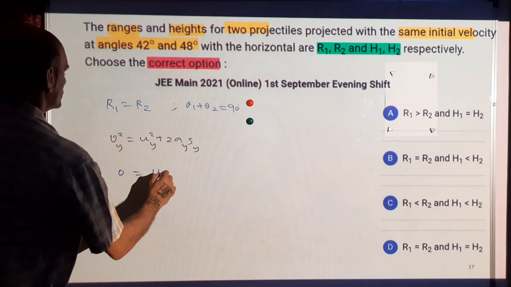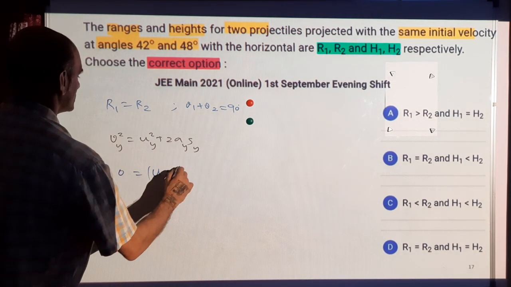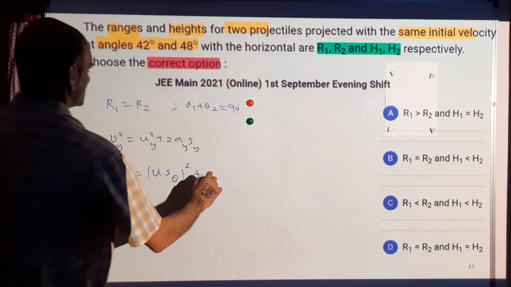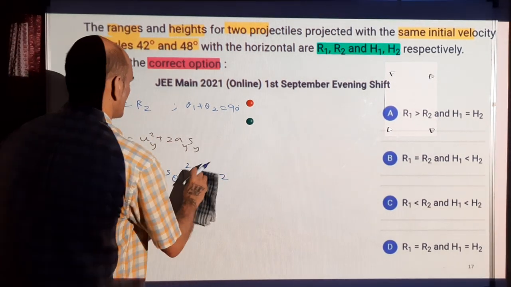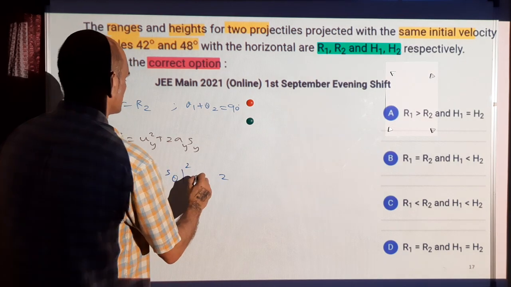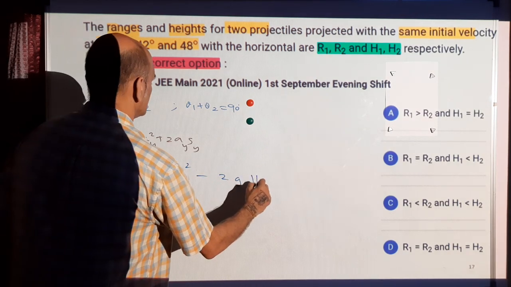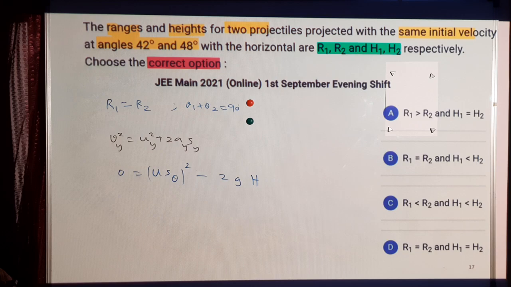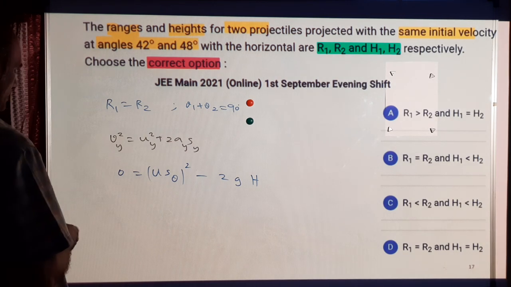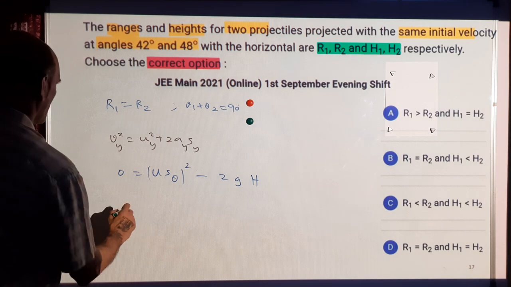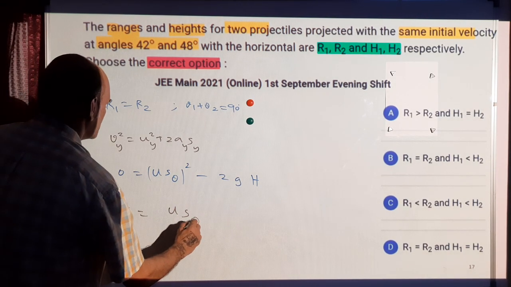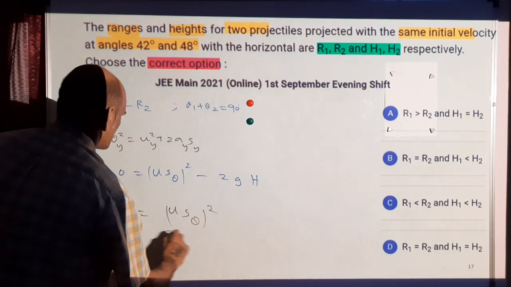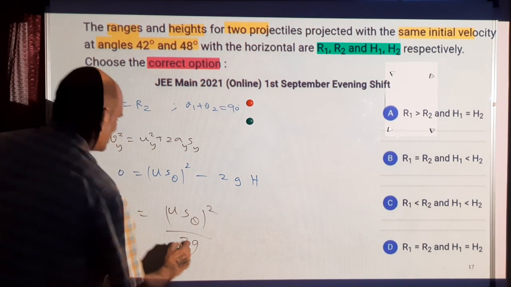The initial velocity is u sine theta, whole square, and then a is minus g, and the displacement is h, the maximum height. So from this I get h as u square sine square theta by 2g.